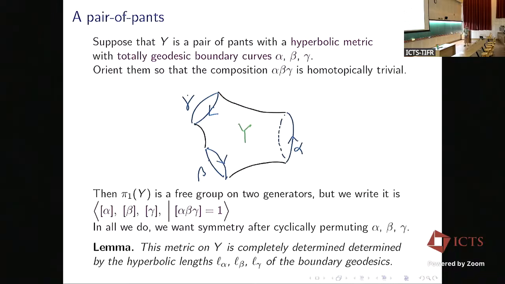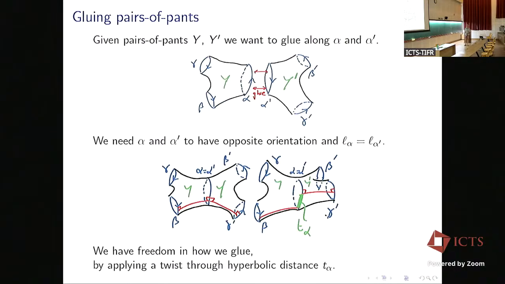So now if I'm using Lego, I need to think about how to glue things together. I now want to think about these pairs of pants, and they have two ends, and I want to glue them together in a nice way so that the metric matches up. The first thing you notice is that the length should be the same, otherwise they're not going to work.